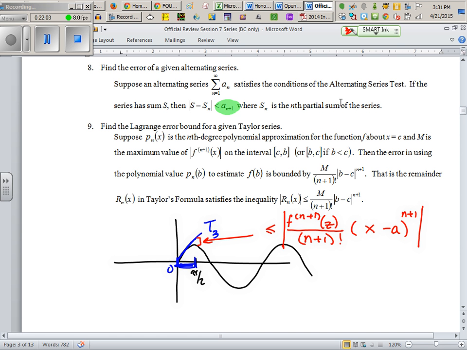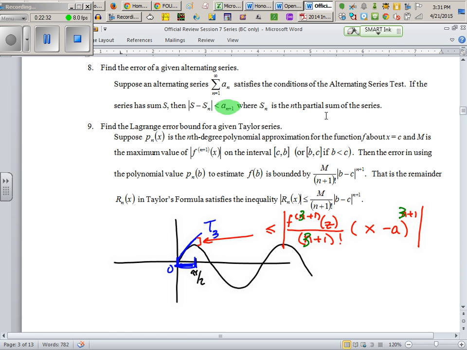In this case, that gap would be f of 3 plus 1, 3 plus 1 factorial, and then x minus a to the 3 plus 1. So in this example I've drawn, you can put those in if you want. So this would be a fourth derivative, a fourth factorial, and a fourth power on that binomial term. Okay? But that will tell you the largest gap that we've got in the interval.